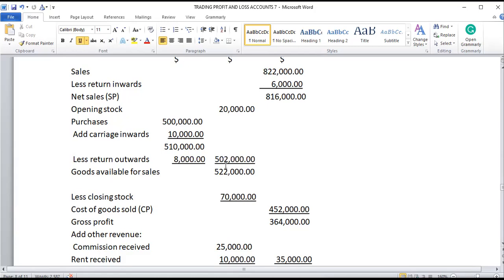You take this opening stock, $20,000, then you add $502,000 to it. So you get $522,000, which is the goods available for sale. Then you have to less the closing stock, $70,000.